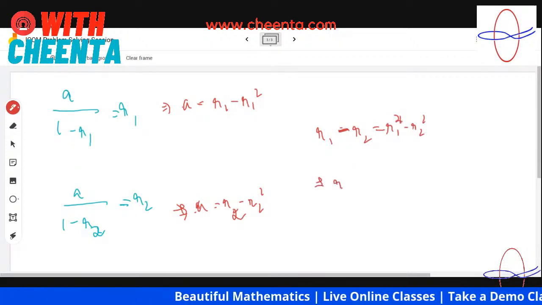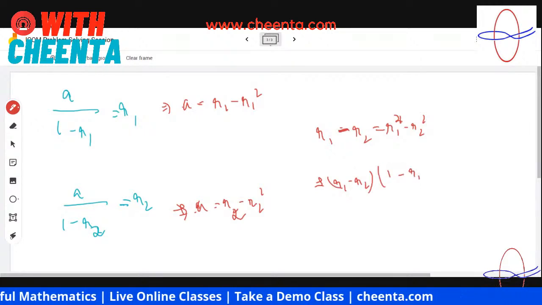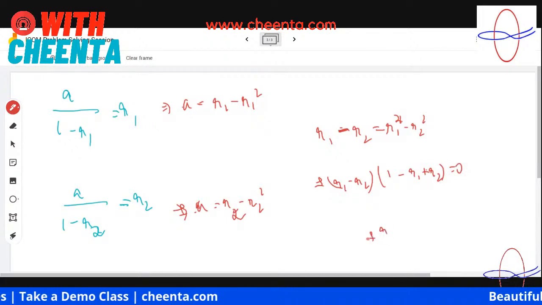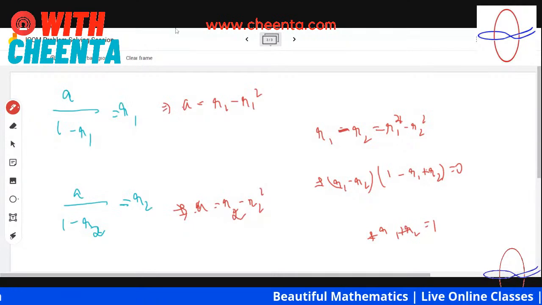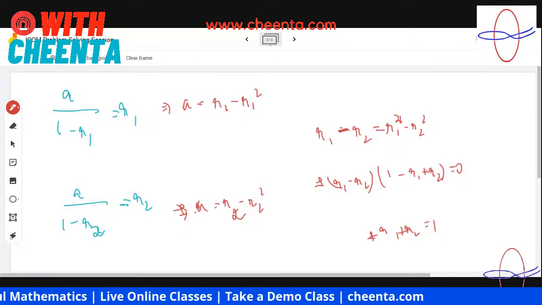So you get (R1 minus R2) times (1 minus (R1 plus R2)) is equal to 0. And therefore R1 plus R2 is equal to 1. It also answers to simple algebra. No Vieta, guys. Not everything holds in a single way, right?